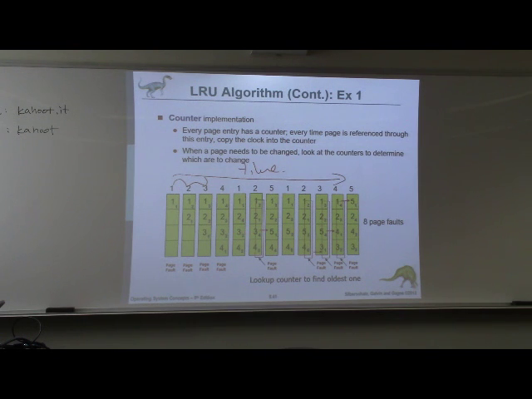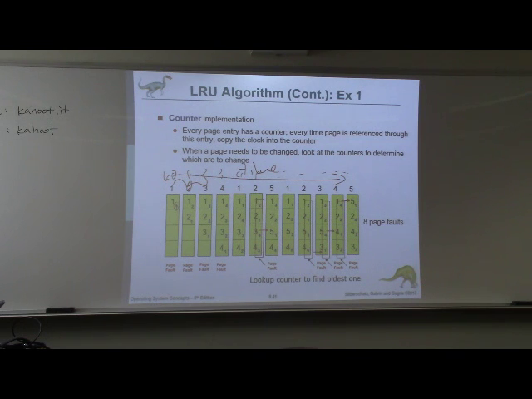At the given time, every time we can increase the count that is assigned to each page frame. So for example, this time is 1, and the next time. Let's say this is T0, 1, 2, 3, 4, 5, and so on.